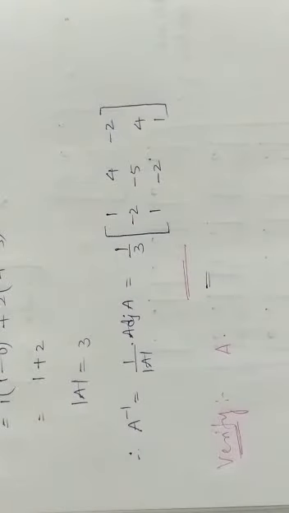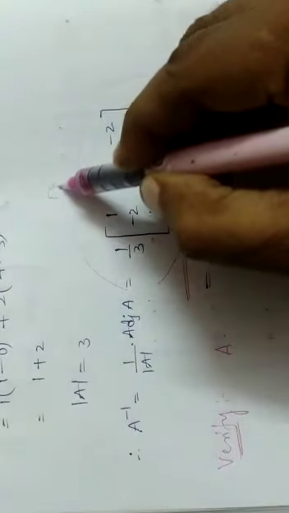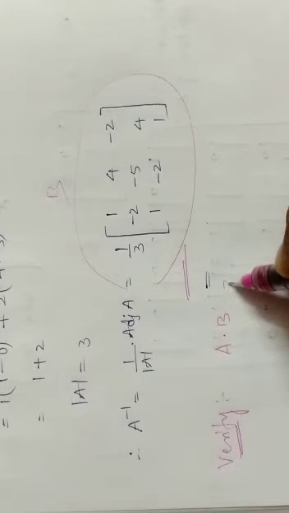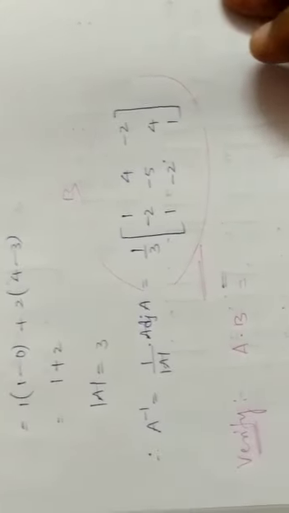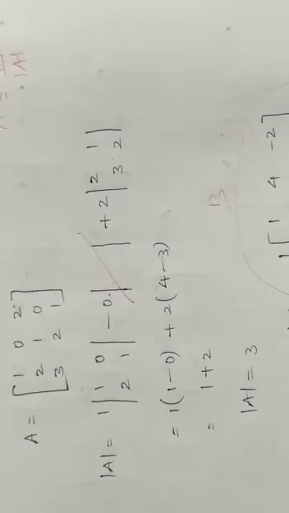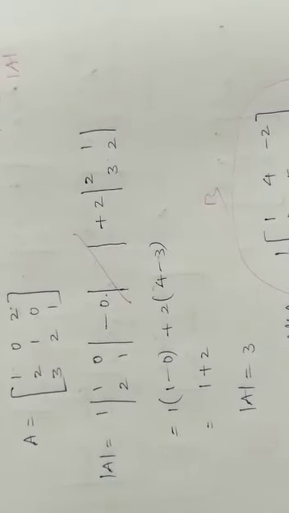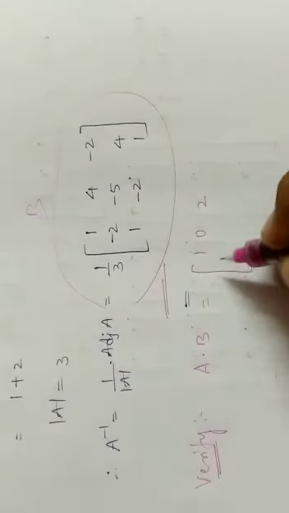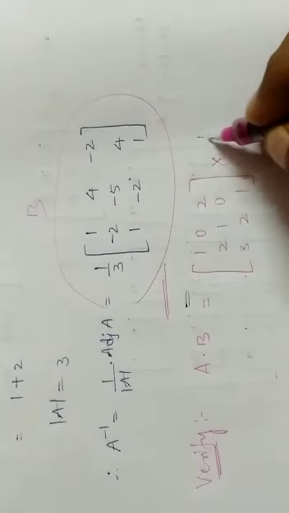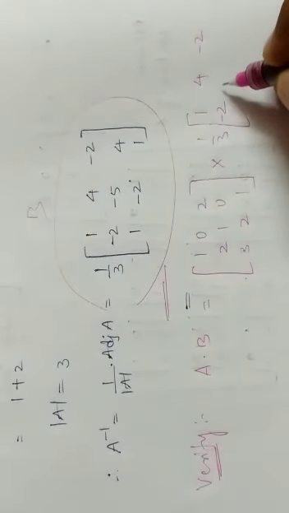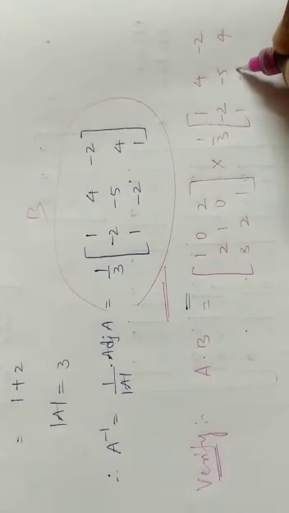If I name this as B, A and B, if we multiply, what is A? 1 0 2, 2 1 0, 3 2 1, into 1 by 3 into 1 4 minus 2, minus 2 minus 5 4, 1 minus 2 1.